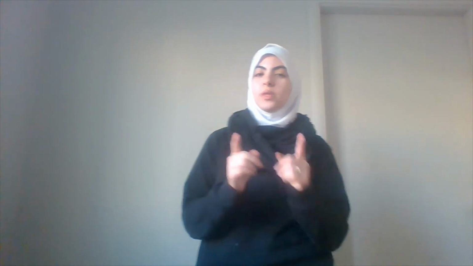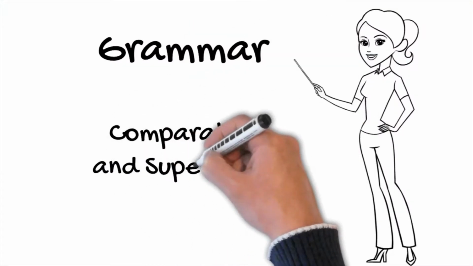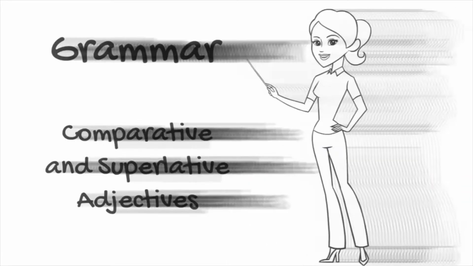So we add est to form the superlative adjective. Now let's watch a short video that summarizes and gives a brief explanation of how to form the comparative and superlative adjective. Let's begin.